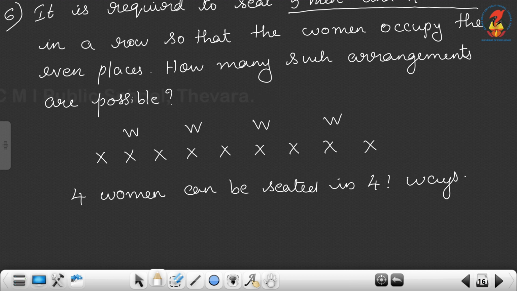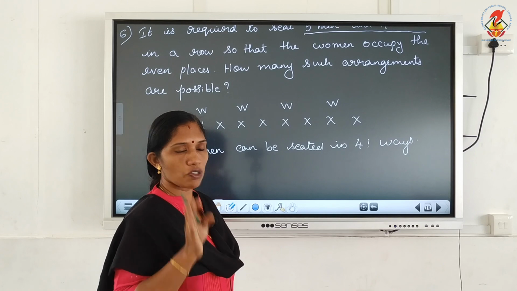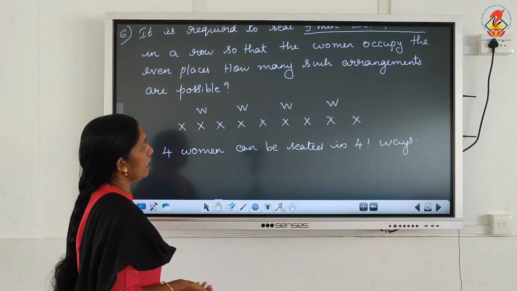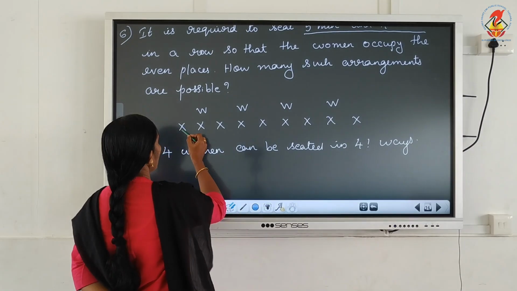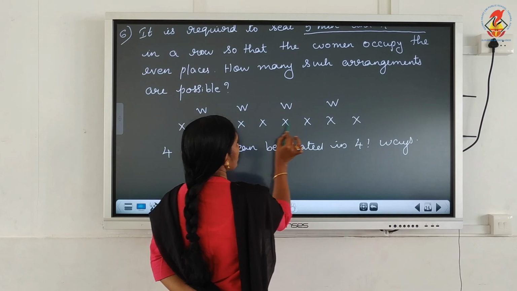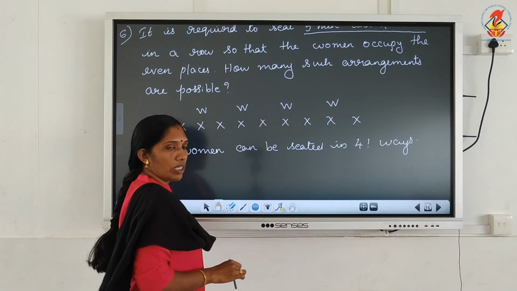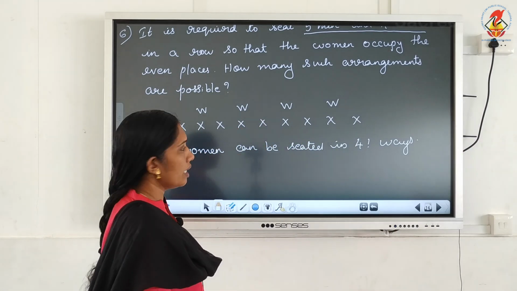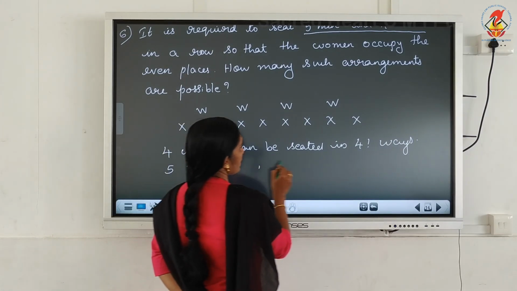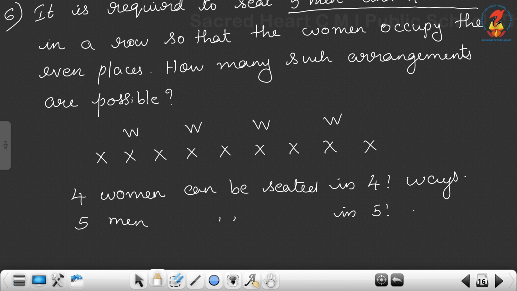Okay, there is no other extra even place. 4 women and 4 even places. So 4 factorial ways they can sit. Now what about the men? 5 men are there and 5 odd places. They can sit either in this place or this or this or this or this. So there are 5 places and 5 men. So we can write 5 men can be seated in 5 factorial ways.